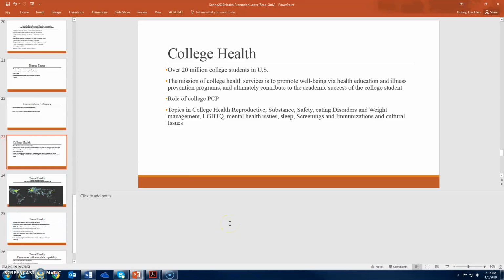These statistics are old, so there's over 20 million college students in the U.S. Our textbook gave us that, and I would say it's probably increased. The mission of college health services is to promote well-being and by offering health education and illness prevention programs, and ultimately contribute to the academic success of the college student.